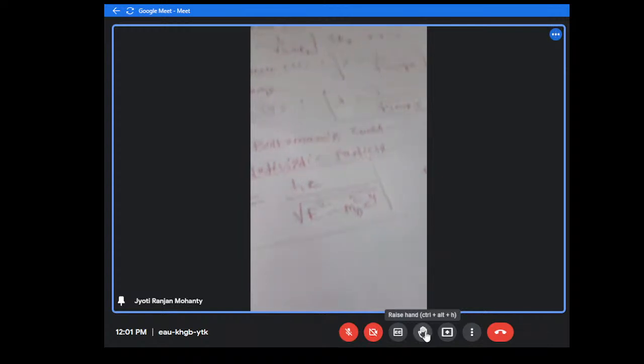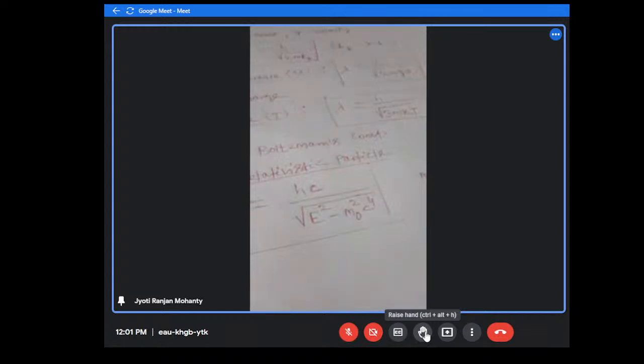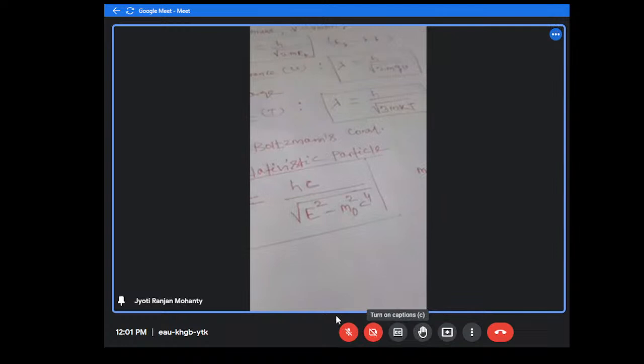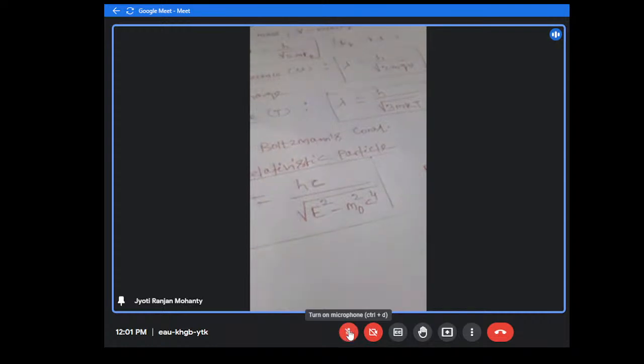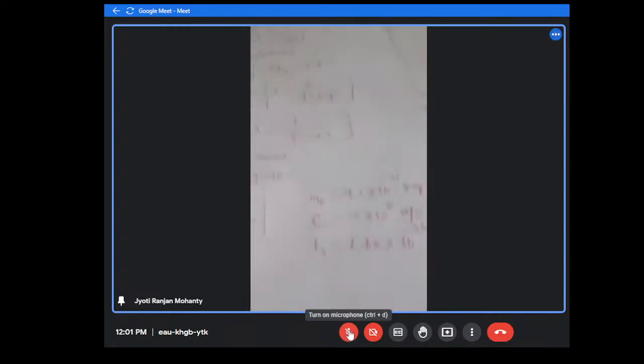Okay. Next, Avinash. If temperature is given, Boltzmann constant is given, mass is given, and the particles are present in thermal equilibrium, which formula? Avinash, are you listening?